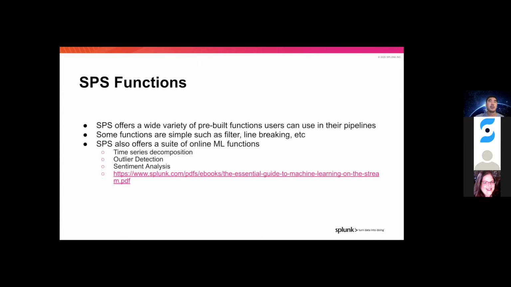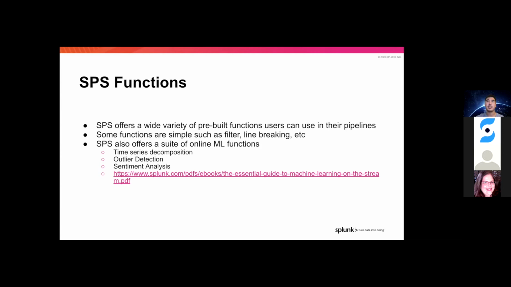Another core piece of SBS is the functions that we already built, right? You can think of a pipeline as sources, the functions in between, or operators, and then sinks. In SBS we have invested a lot of time building functions to allow users to orchestrate their pipeline, so that at the end of the day, we don't want users to write any code.